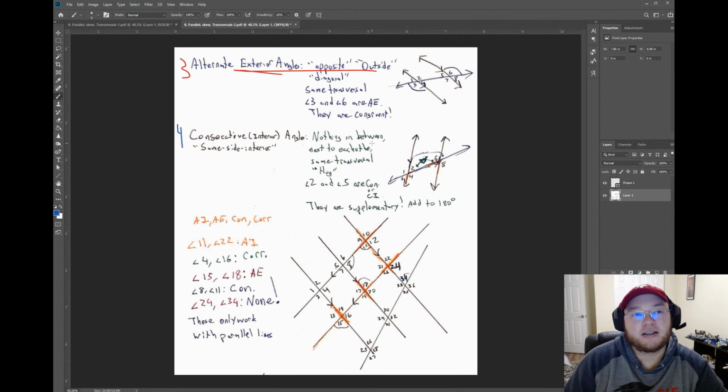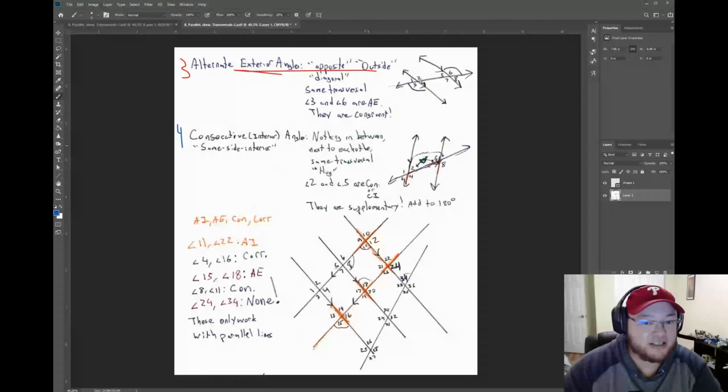Sometimes it's called consecutive interior, CI. Also same side interior. There's nothing in between them. They're next to each other. They're on the same transversal, which is one of these lines. Should probably actually use the line tool. Nothing between them.